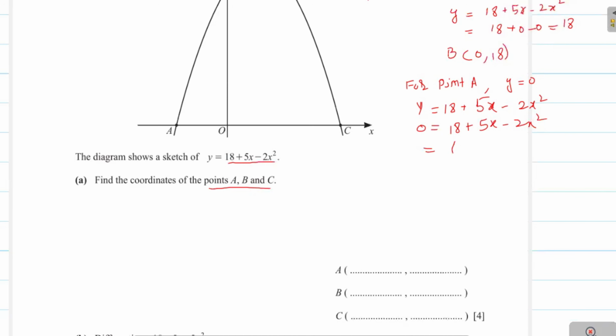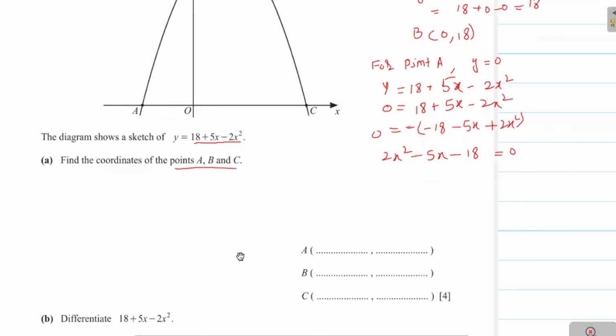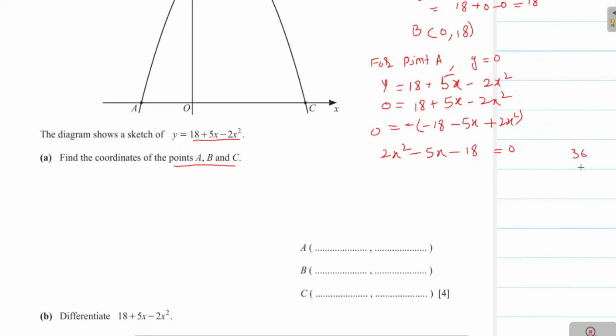We take the negative as common, therefore it becomes negative 18 minus 5x plus 2x squared, and we can write this as 2x squared minus 5x minus 18 equals 0. 18 times 2 is 36, so we take the factors of 36.